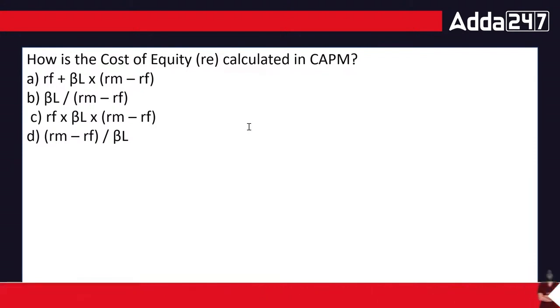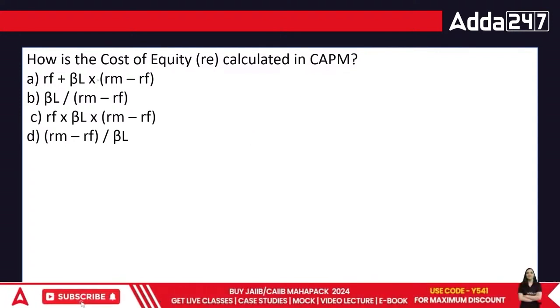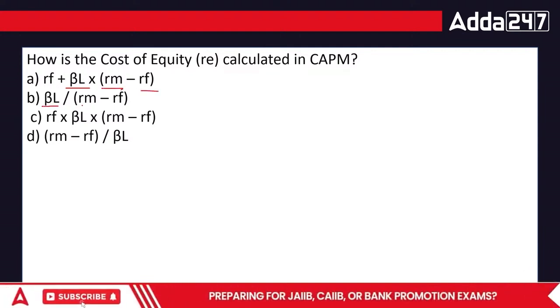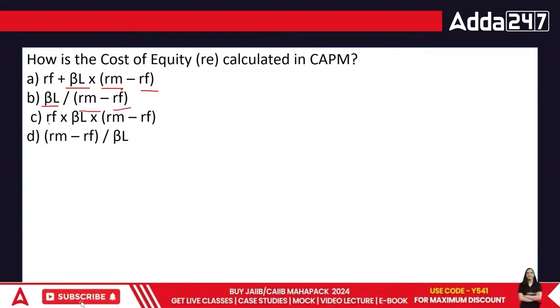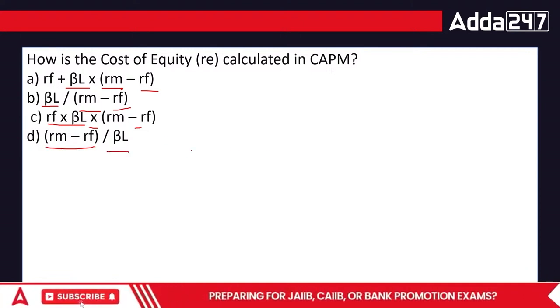Let's look at the question. The cost of equity is the risk-free rate of return plus beta multiplied by (RM minus RF); or beta into leverage, beta of the particular portfolio, RM minus RF divided; or multiply all of these; or RM minus RF into beta. In this case, the answer would be what?